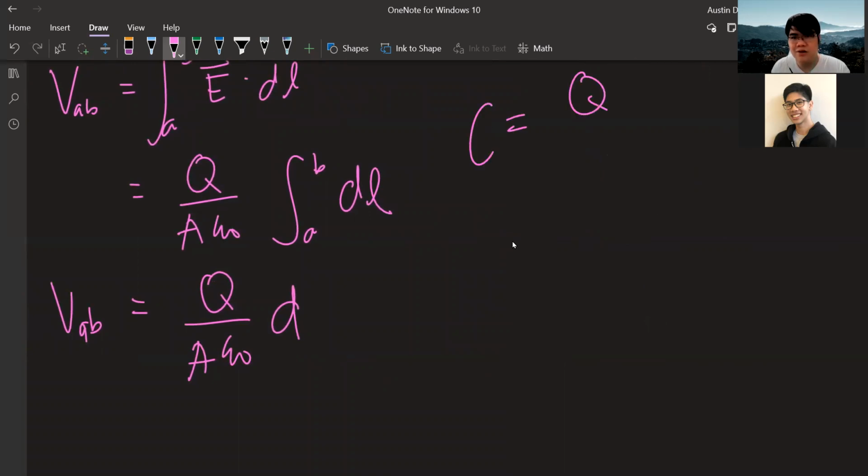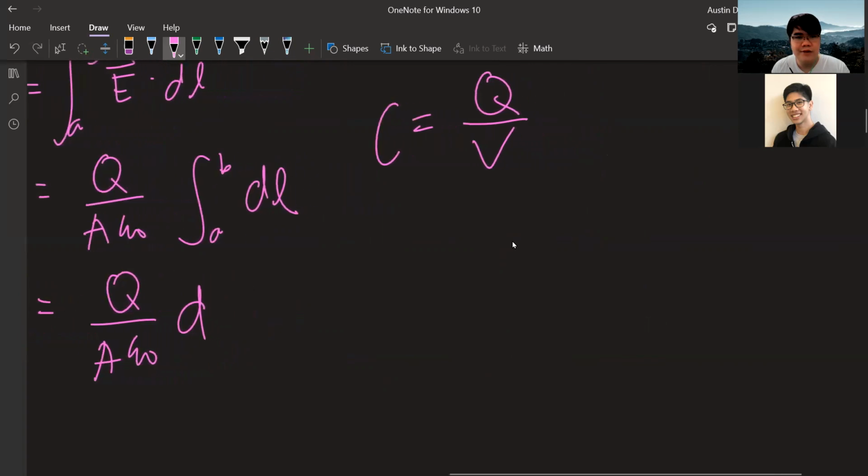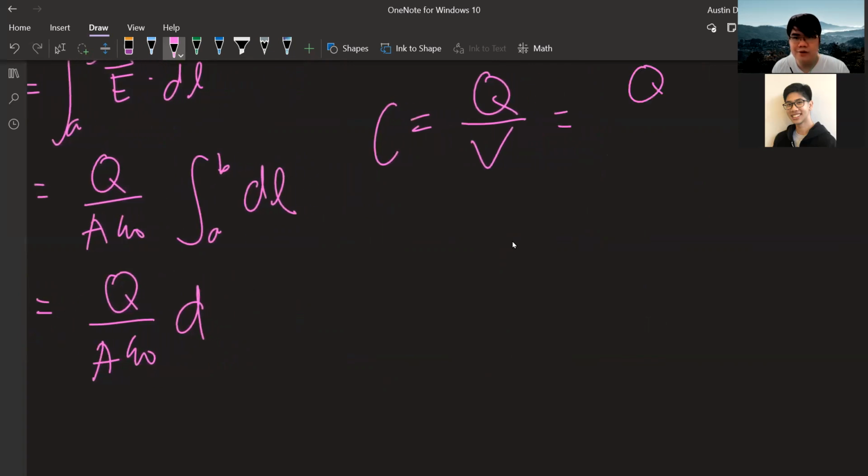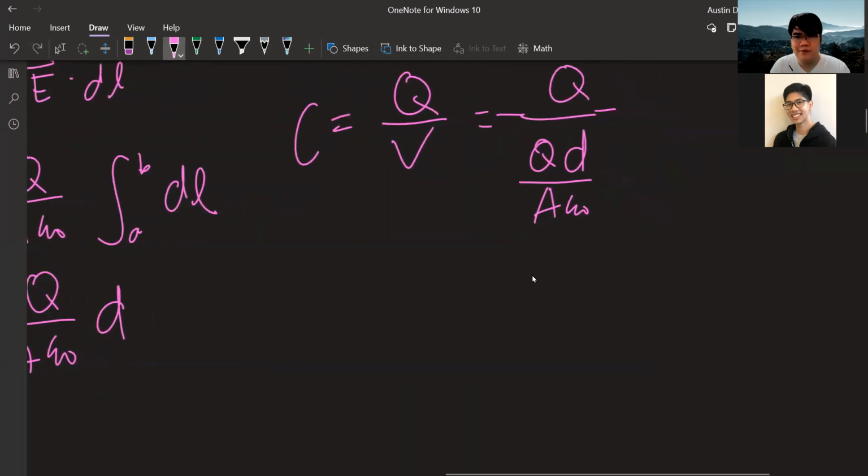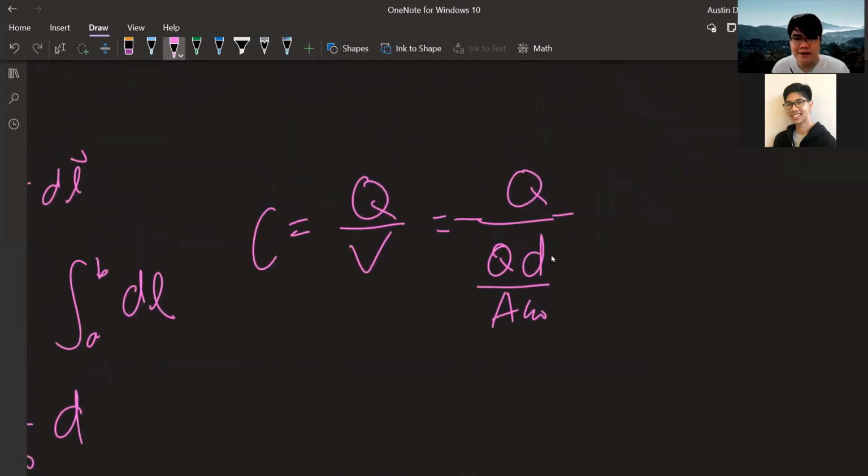Now we're able to get the capacitance. Q over V. So this is just Q over QD over A epsilon naught. So Q cancels out and this flips over to the top.